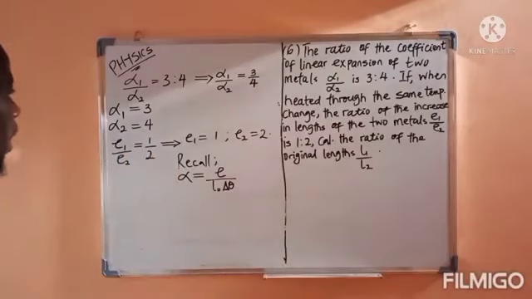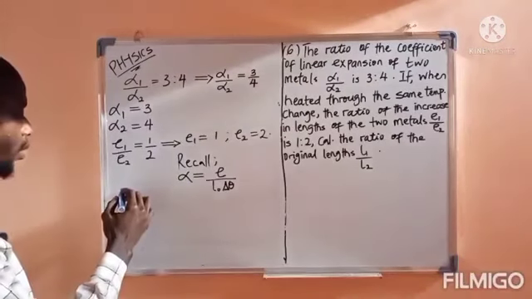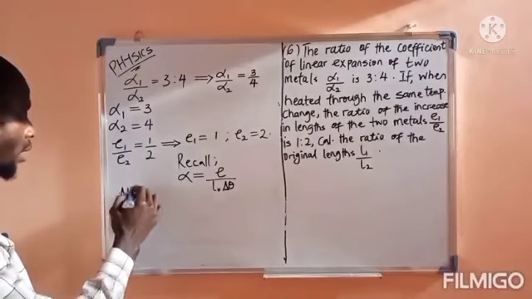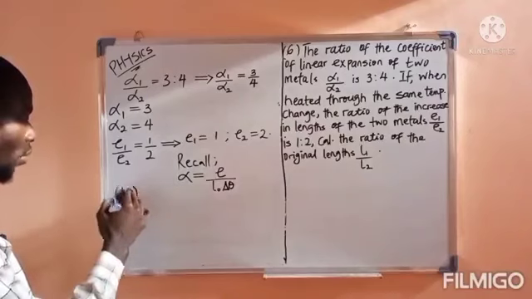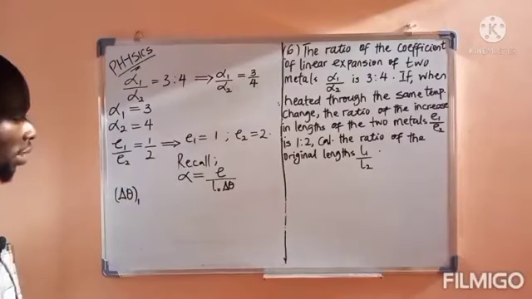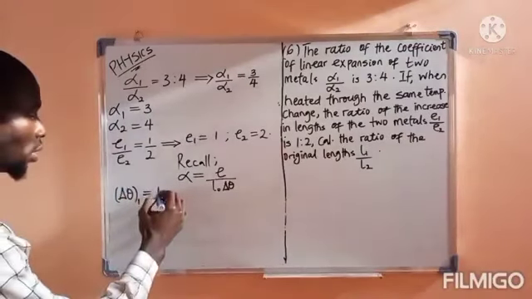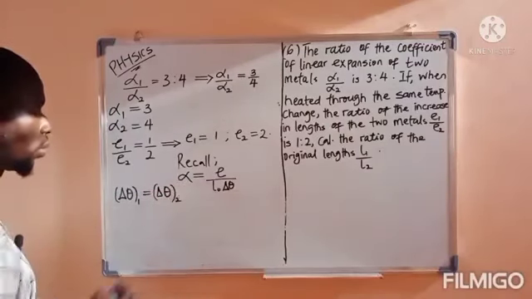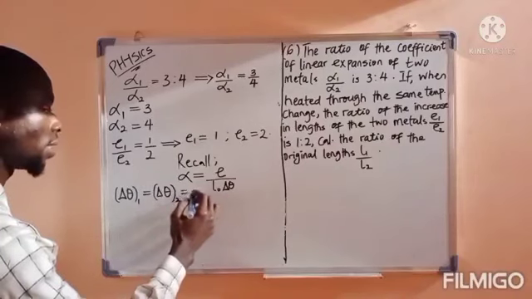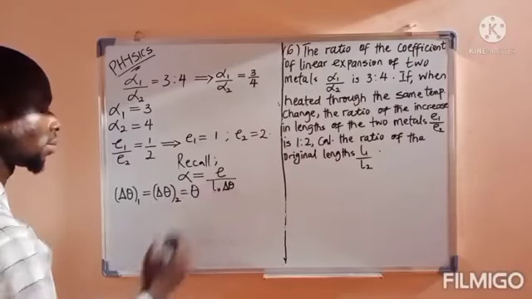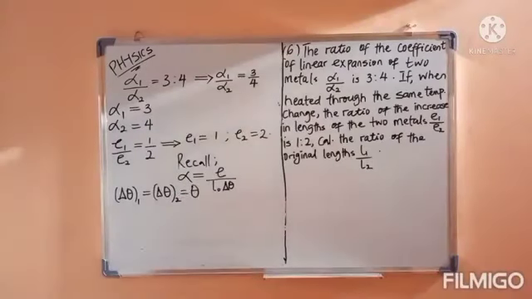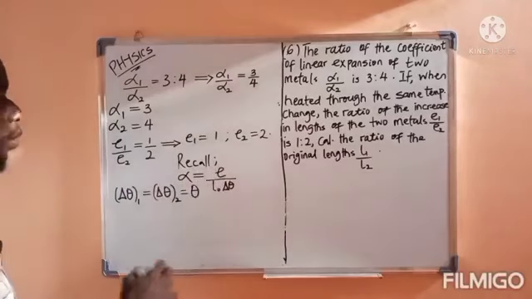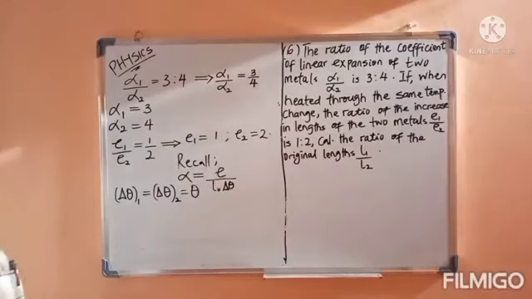Now, if that is the case, change in temperature for metal 1, I will use subscript 1, is equal to change in temperature for metal 2, which I can say is the same thing as what? Theta. So from this general formula, I'm going to write it for metal 1. I'll write it for what?